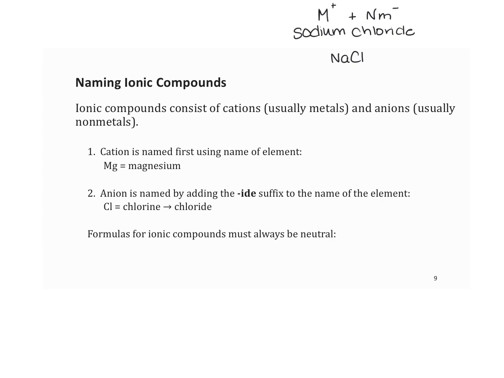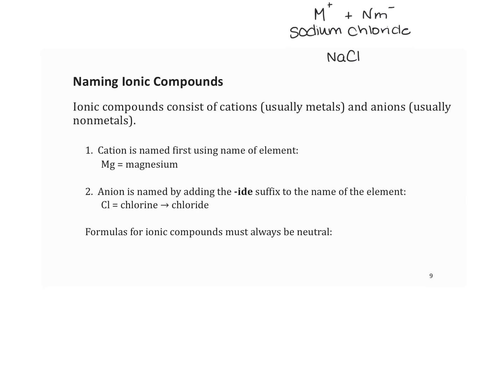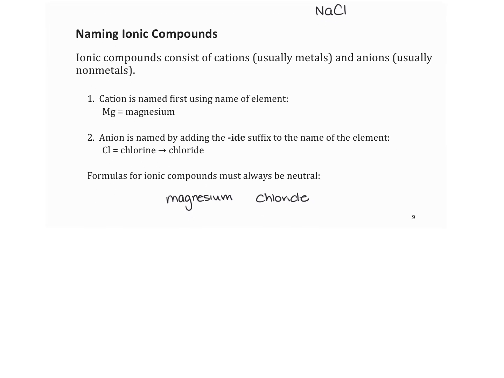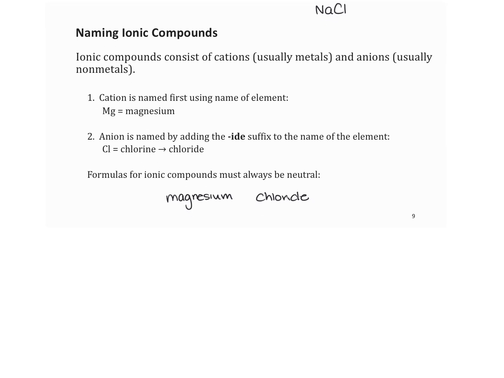Now, a few things to be aware of when we look at magnesium chloride, for example. When we write these formulas, the charges in these formula units have to cancel each other, or add up so that they equal 0.